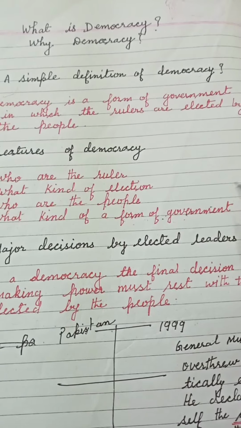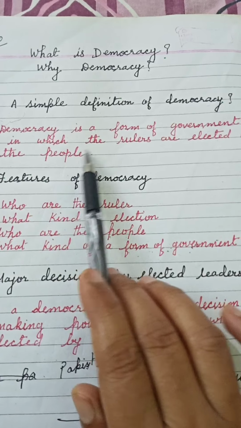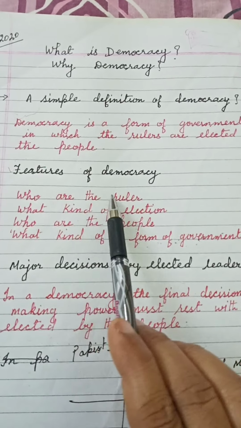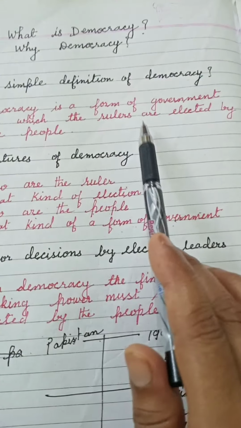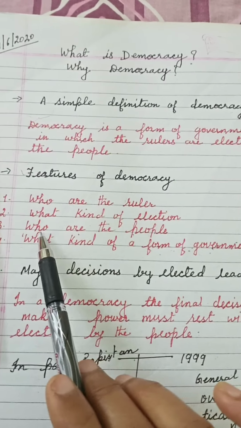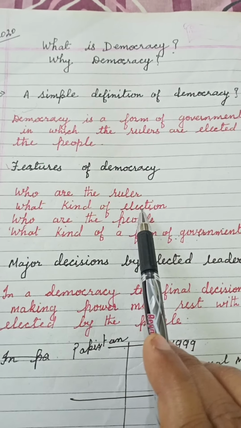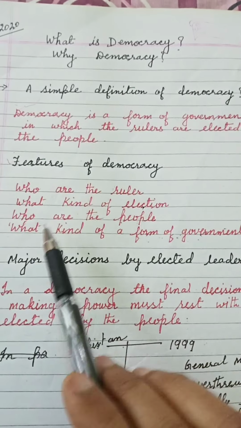What kind? Then, in which the ruler, to whom are you calling a ruler? Then are elected. Who? What kind of election? Then by the people.